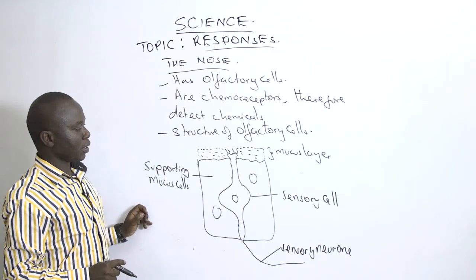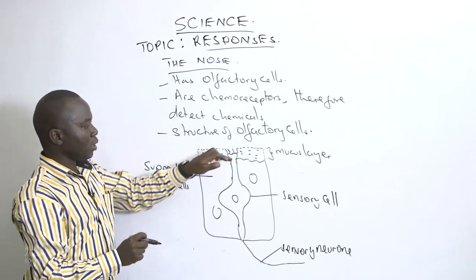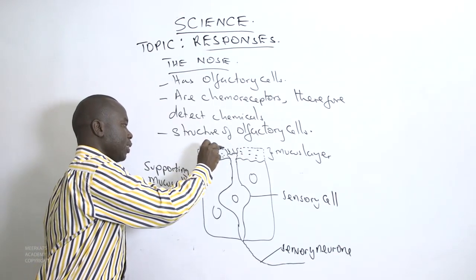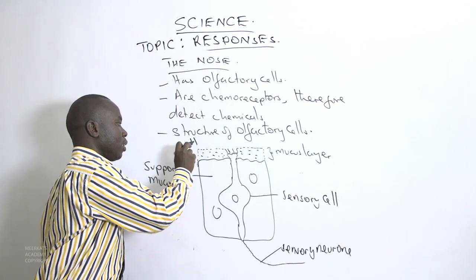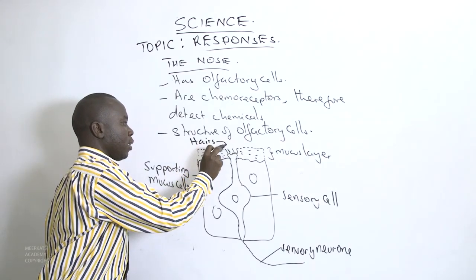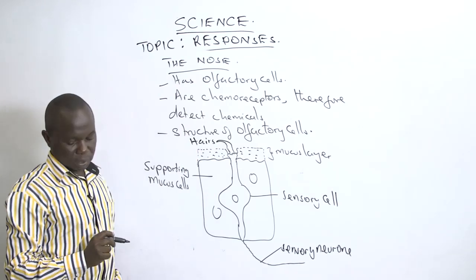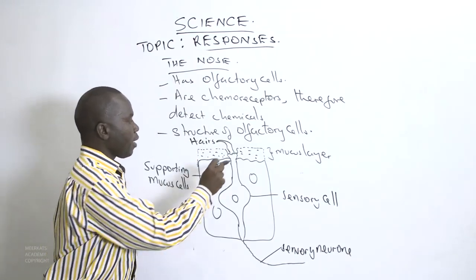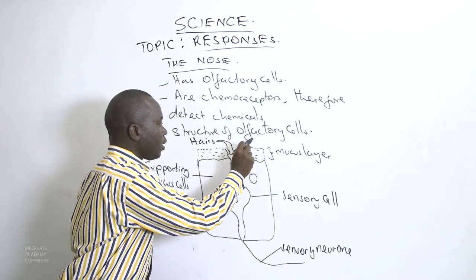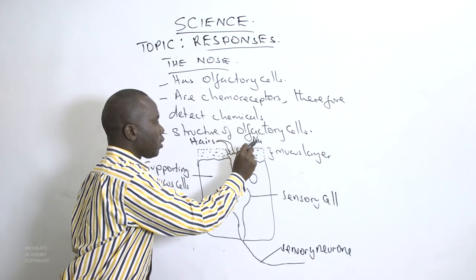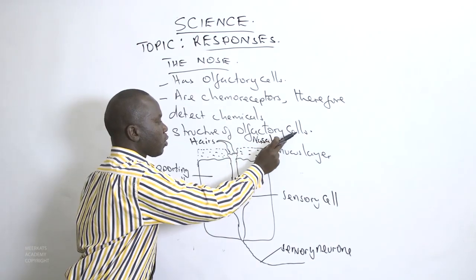They secrete this layer of mucus, but it has hairs. Those are the hairs. And above this point here is the nasal cavity.